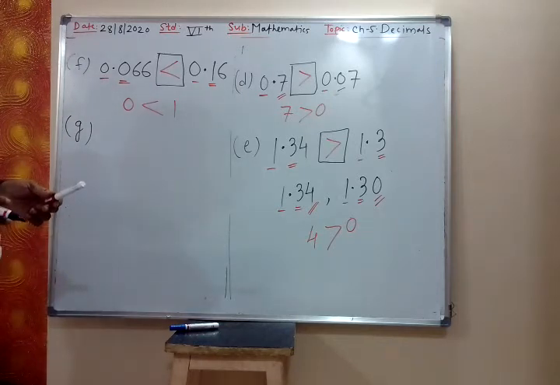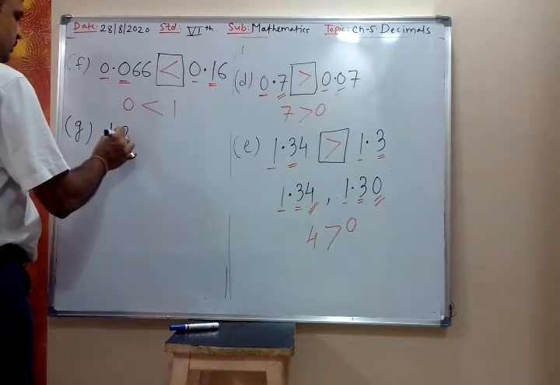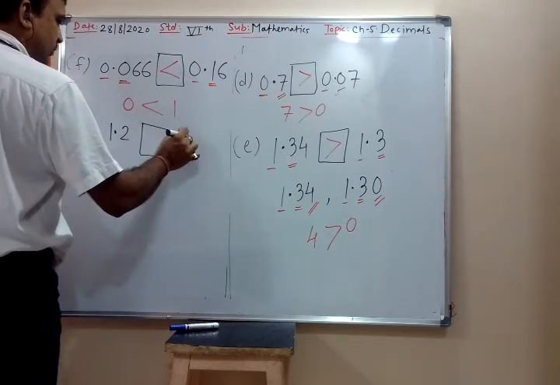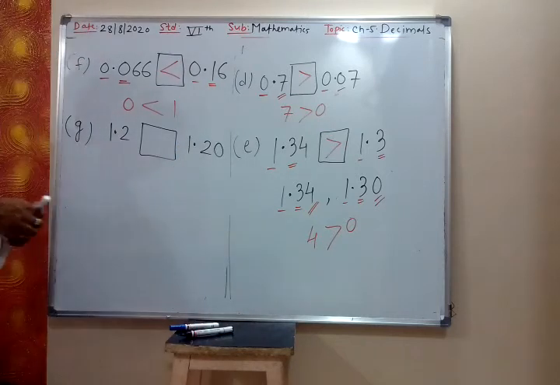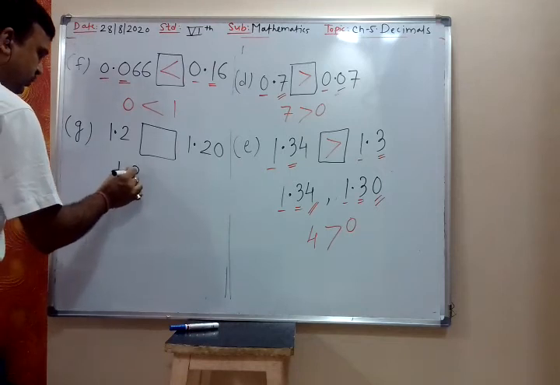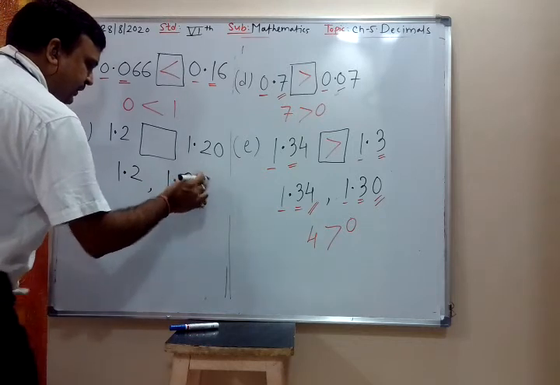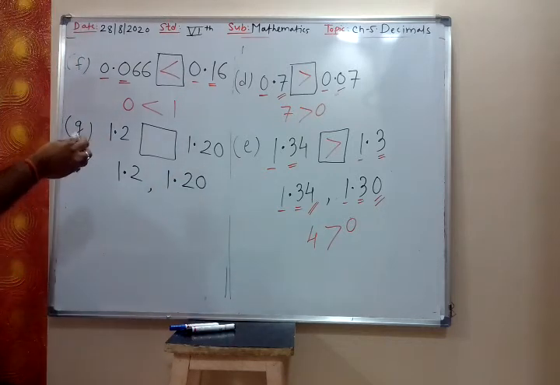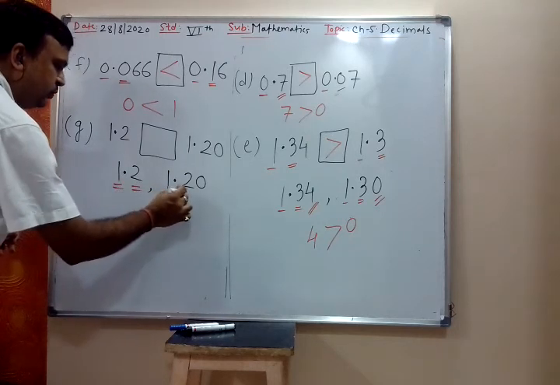Then G: 1.2 and 1.20. See here, we have to compare the digits from left. 1 is same as 1, 2 is same as 2.